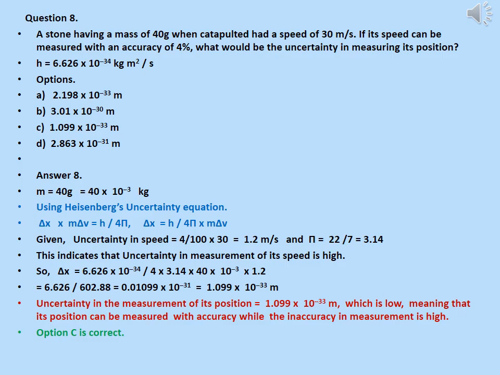So if Δx is low, Δv will be high. If Δv, the uncertainty in the measurement of its velocity or speed, is low, Δx would be high. So the correct option is C.